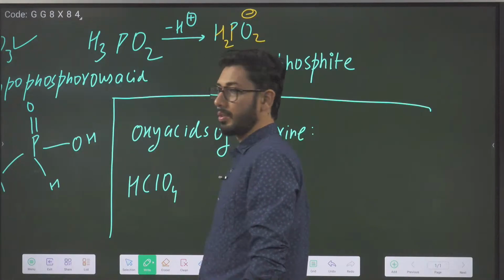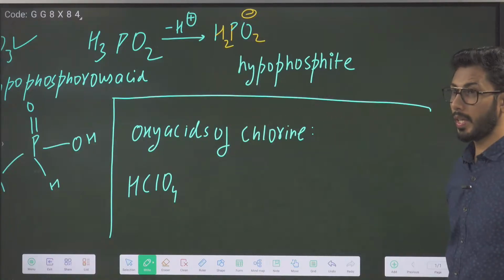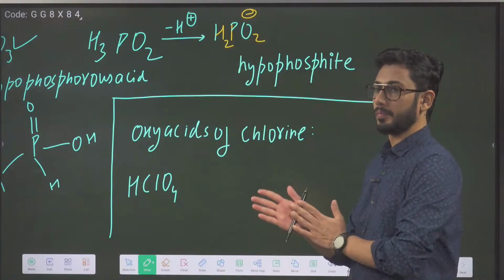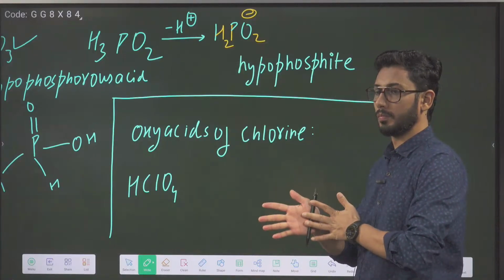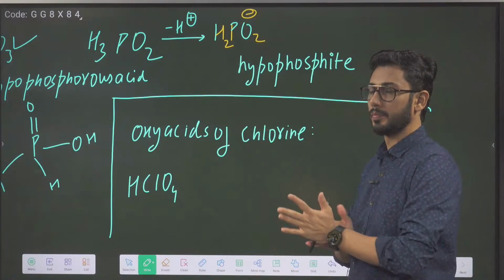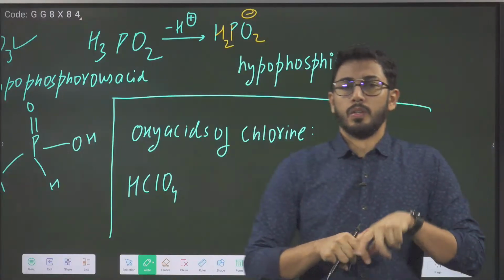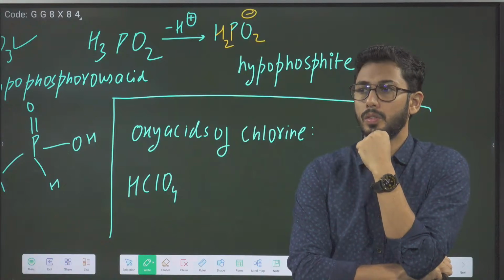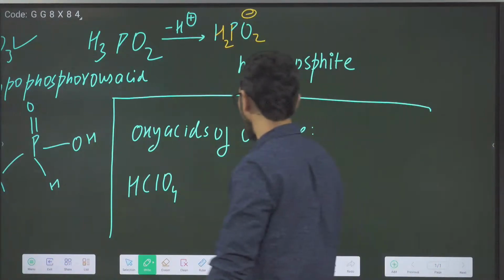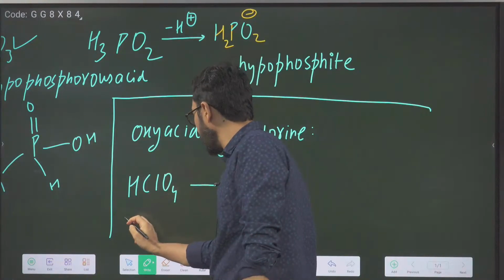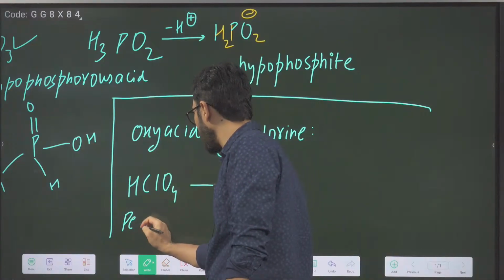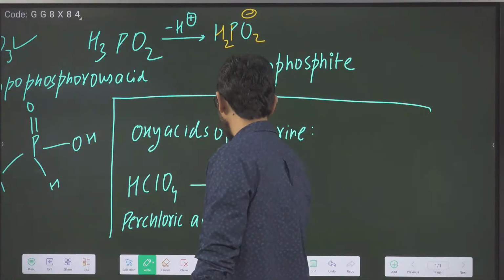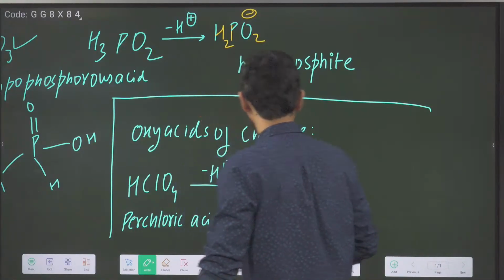HClO4 done or not? Perchloric acid, name perchlorate. Tell, HClO4 done? No, not done. Okay. HClO4, its name is perchloric acid, minus of H plus.